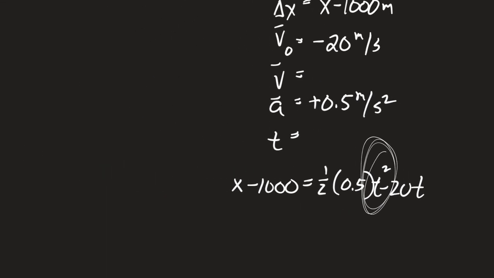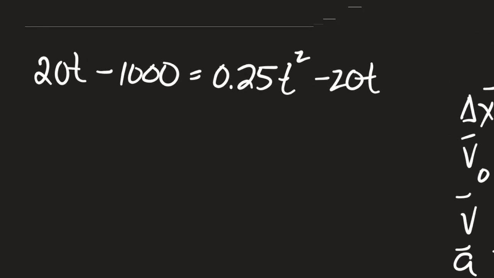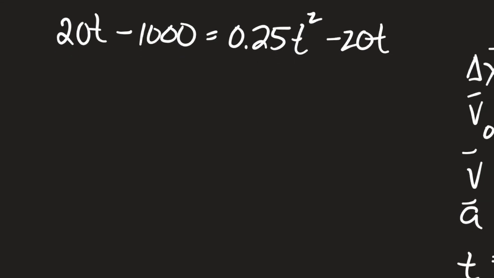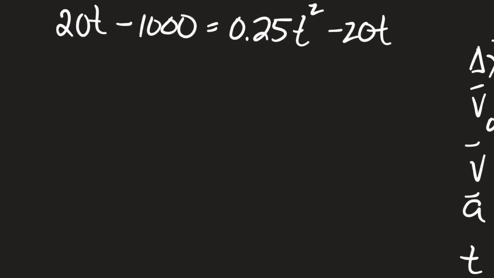This is not very interesting to me, but we're going to work it out anyways. We need t, because I want to prove something. So I'm going to get everything to one side. 0 equals 0.25 t squared minus 40t plus 1,000.